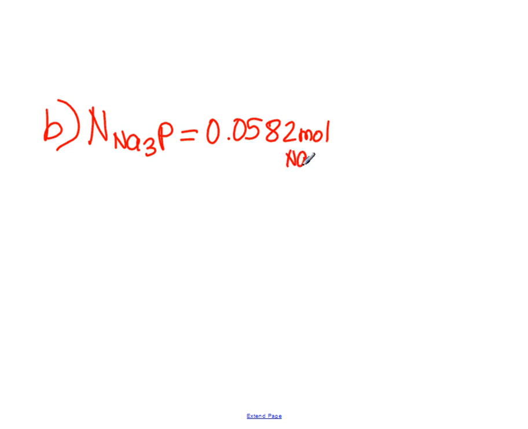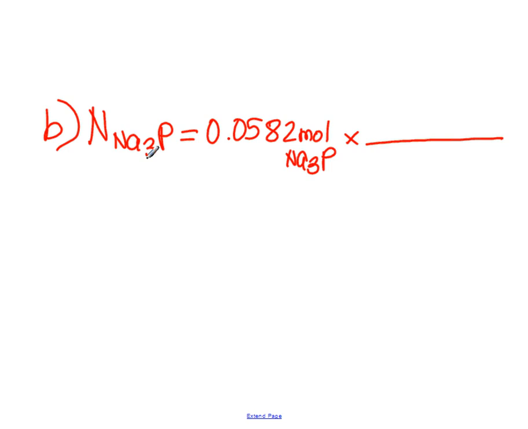For part B, we want to find the particles for sodium phosphide. So we take our number of moles of sodium phosphide, and we use Avogadro's number, 6.02 times 10 to the 23 particles per mole.